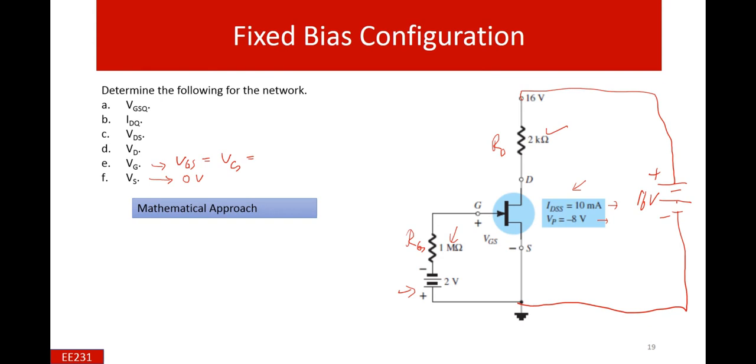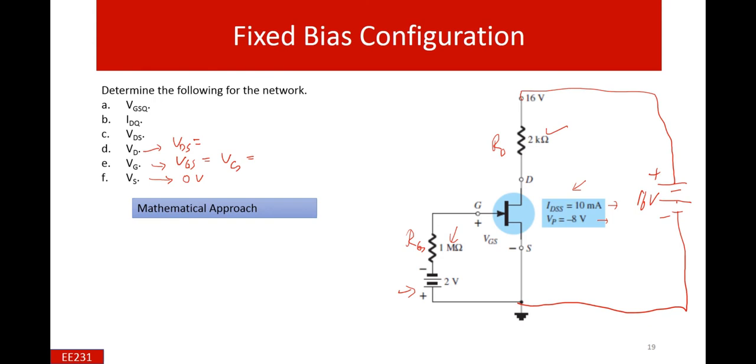So if we find VGS, definitely it is Vg. And next is Vd, which is equal to VDS, because Vs is 0 again. If we find the VDS value, then definitely it is Vd.